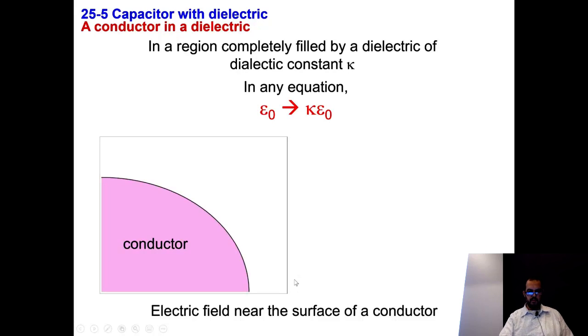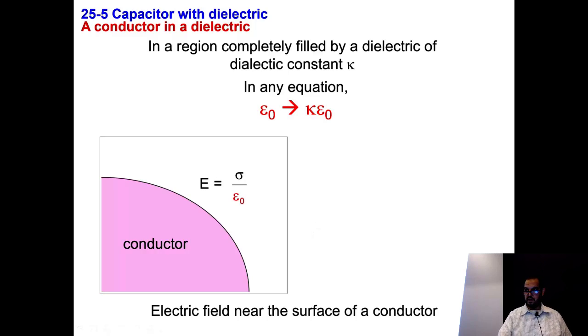So for example, remember, for a conductor, we determined the electric field just outside the surface. We used Gauss's law and found it's equal to sigma over epsilon 0, the electric field just outside the conductor. So this was the equation.